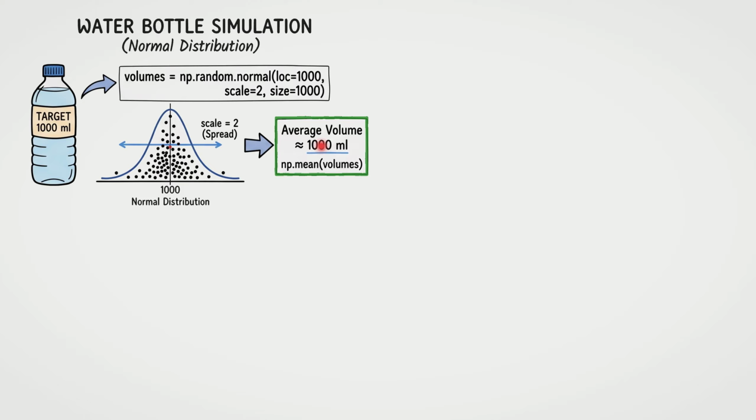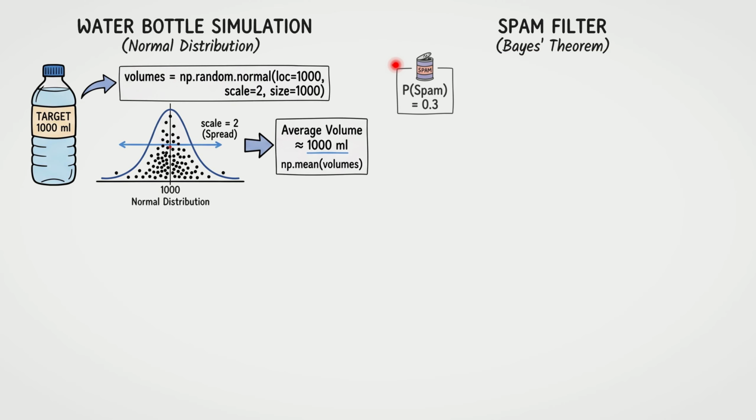Now let's look at how we apply Bayes' theorem to build a spam filter. Instead of code, let's trace the logic right on this probability tree. We start with our prior knowledge. 30% of all our emails are spam, which means the other 70% goes safely to your regular inbox. Next, we look for our evidence, which is the word free. In our historical spam pile, 80% of those junk emails contain that word.